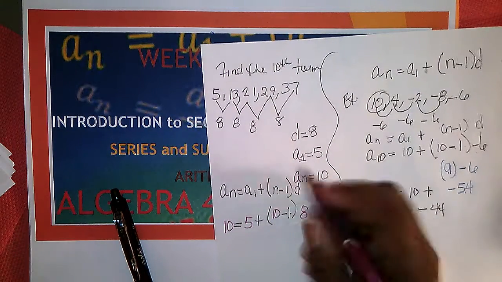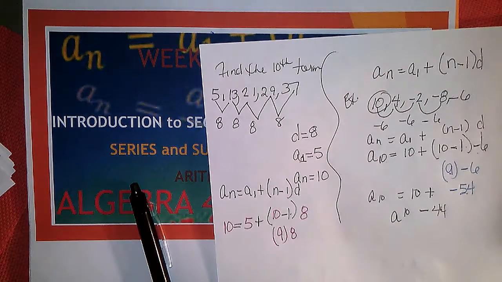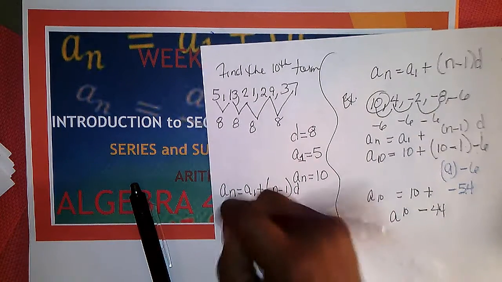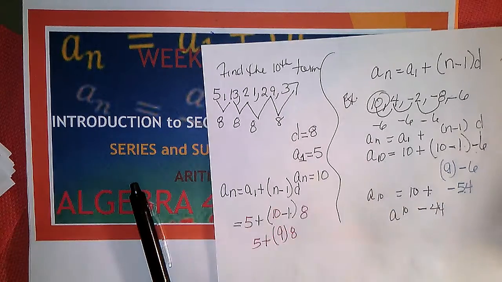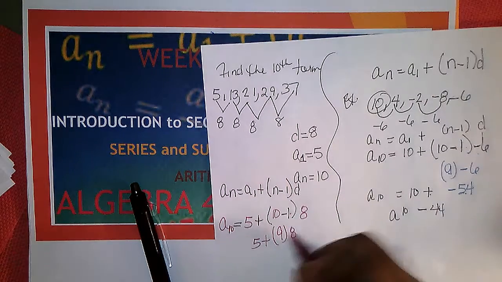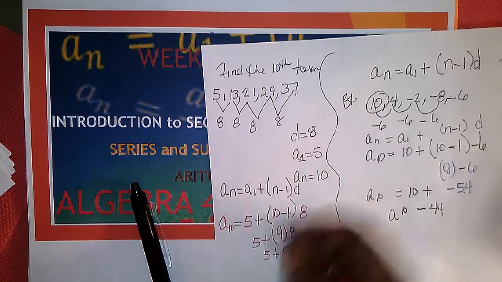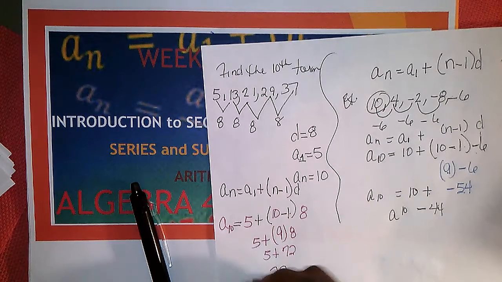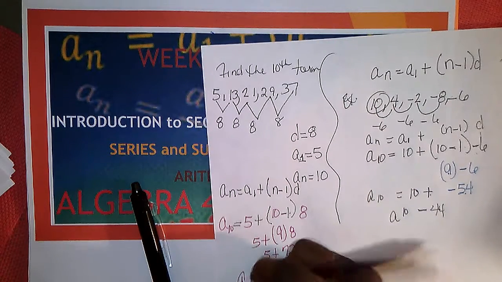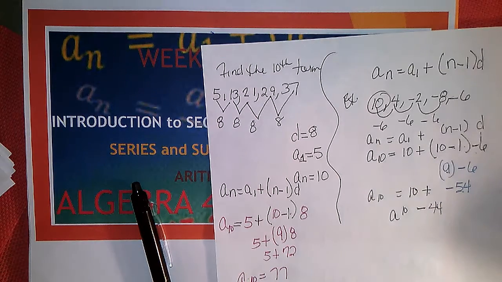So 10 minus 1 is 9. And we have our 8 plus 5. And it should say a_10. So 9 times 8 is 72. 72 plus 5 is 77. So a_10 equals 77.